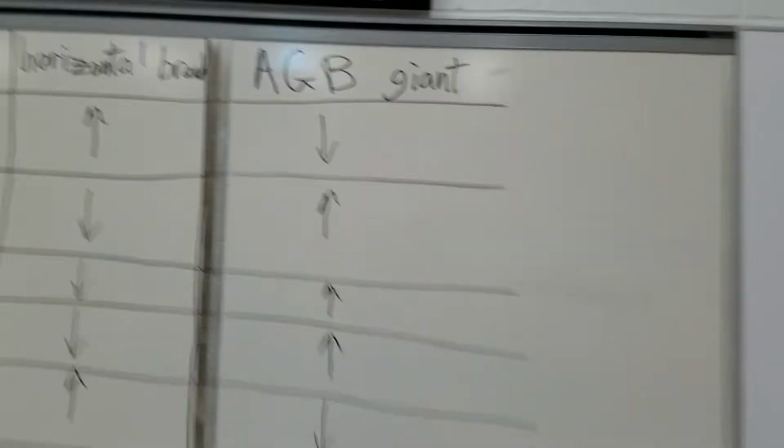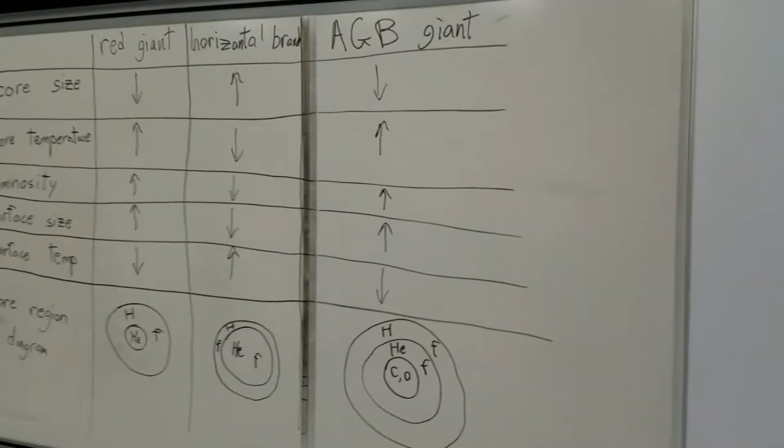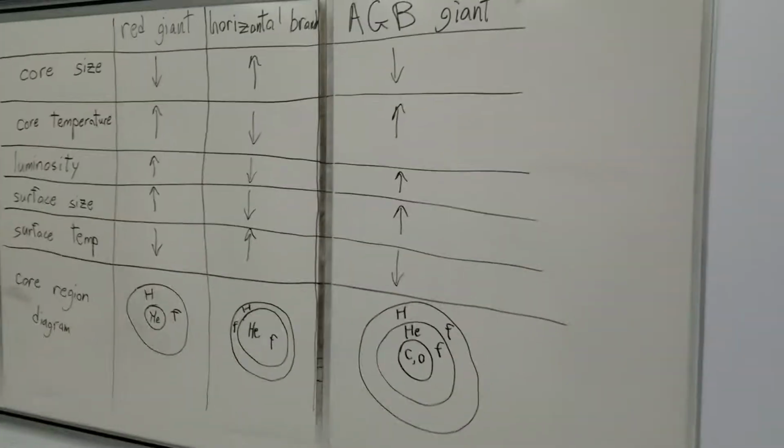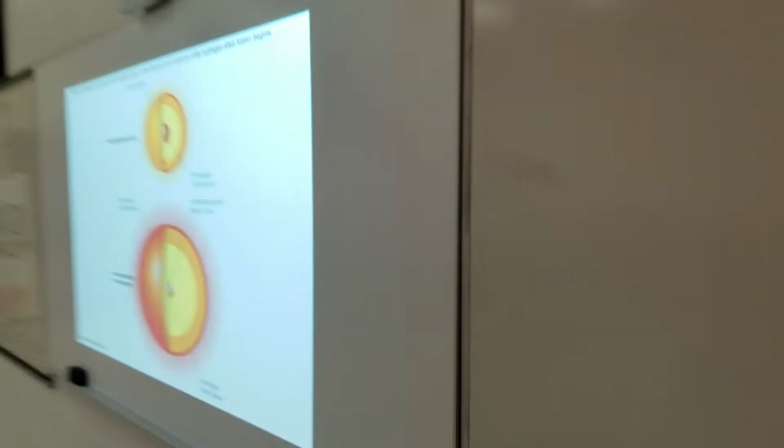Now, the AGB Giant stage is going to mark basically the end of this star's life. The end of the AGB Giant stage is where this type of star dies. Now, the death of this star is a little bit complicated, so you're going to have to bear with me. Now, let's look right here.